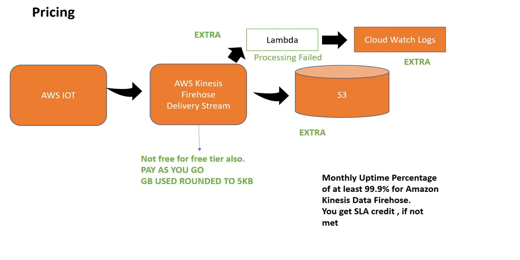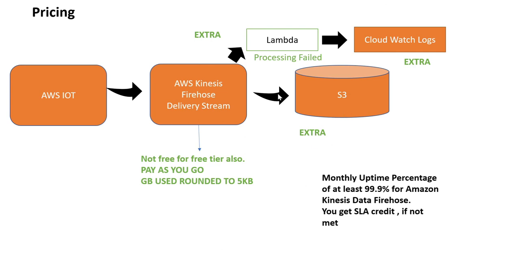Let's look at pricing quickly. So Kinesis Firehose is not free. So if you're using a free tier, you will not get this service free of cost. There are charges. The model works as pay as you go, and the pricing calculation is done on GB used, rounded to 5 KB. Now if you're writing to S3, there will be extra storage cost for S3.